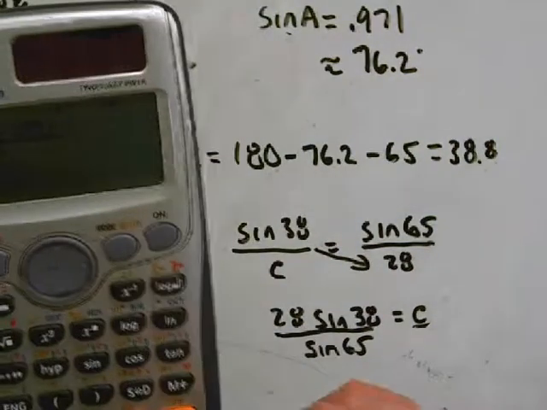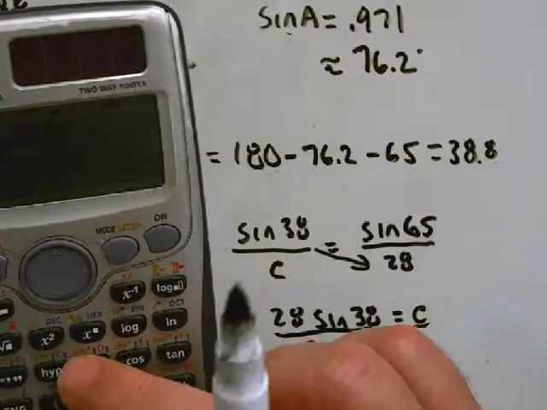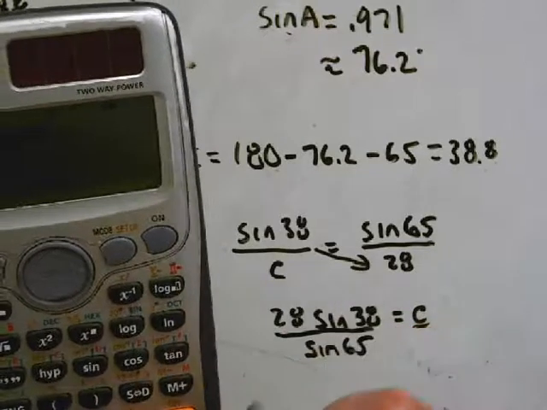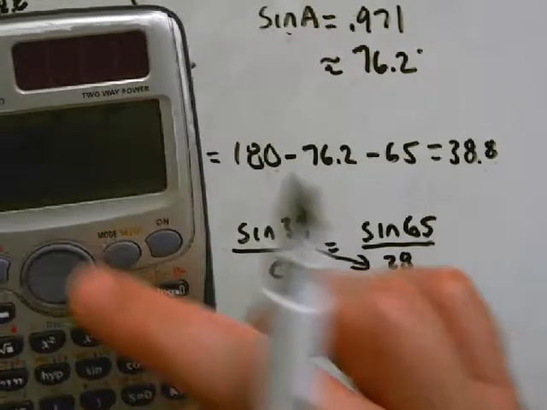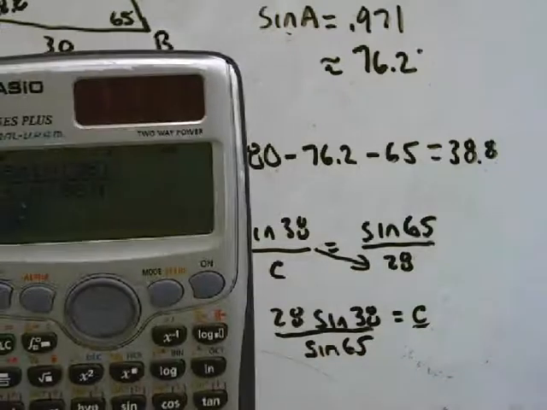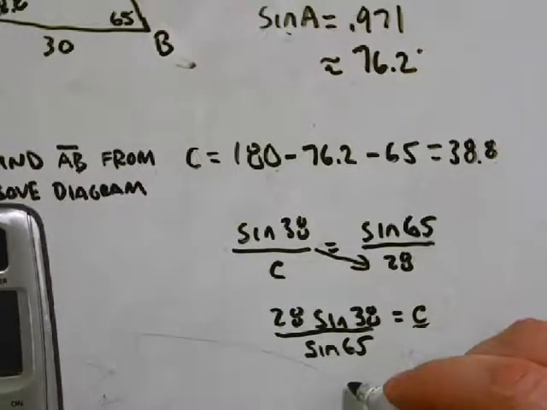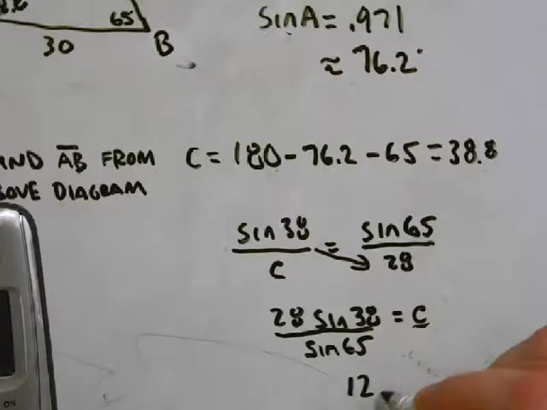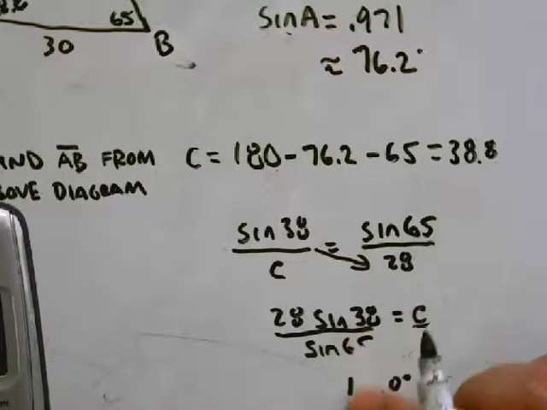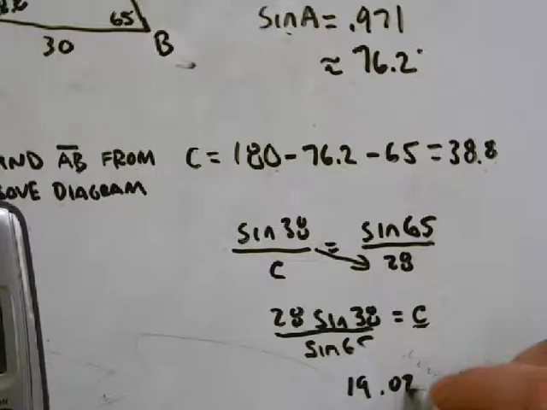And we're not going to sine inverse this. Like I said, once you enter that in, that will be your answer. So C is equal to 19.02 units. So there's your final answer.